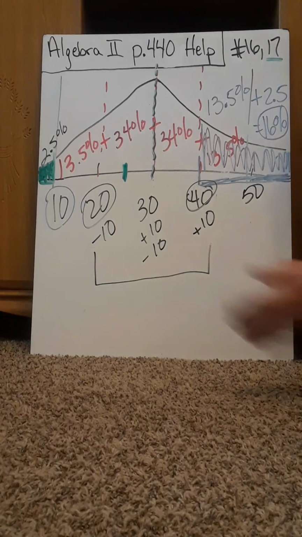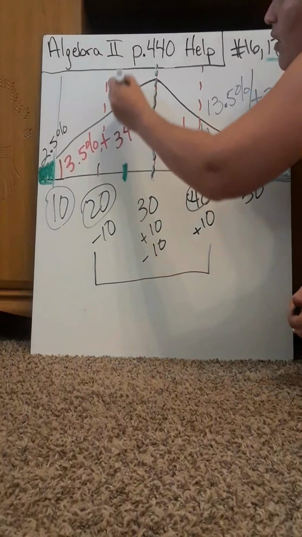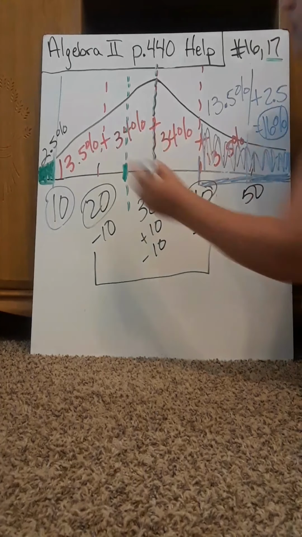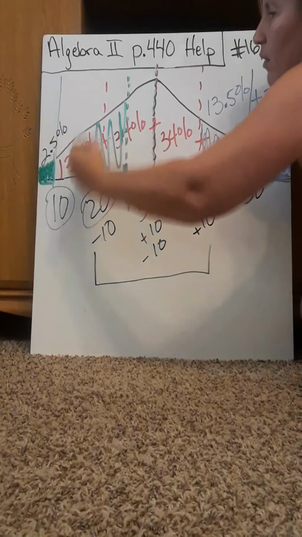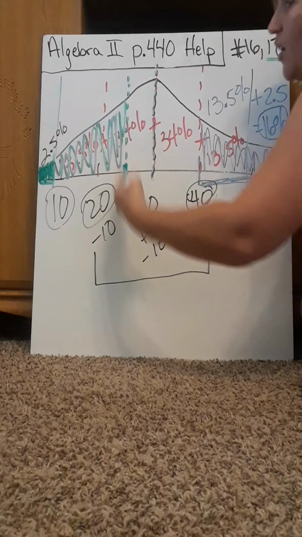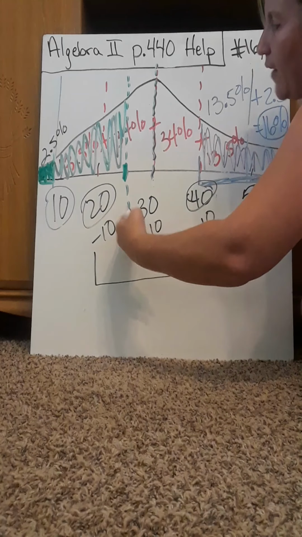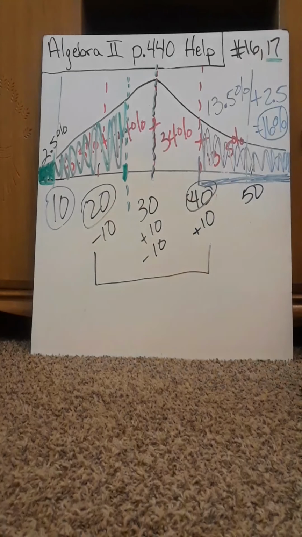So we need to figure out what percentage of the students is going to be from here this way. This is the percentage of students that have studied fewer minutes than Jeffrey. Jeffrey's right here at 25, right in the middle of 20 and 30.